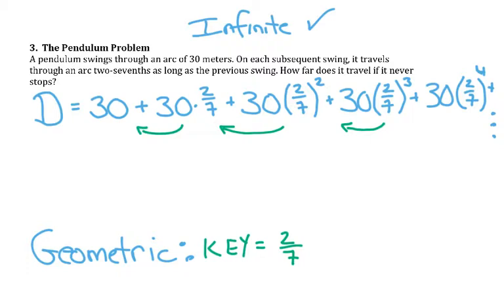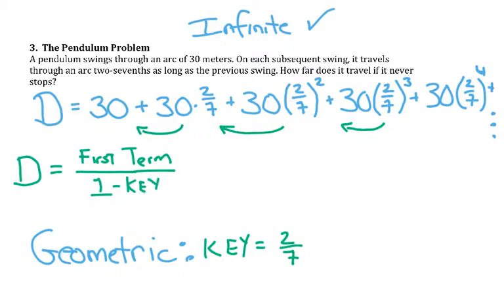So now do you see what we're going to do? We have a formula. This total will be the first term divided by 1 minus the key. So let's see what we get. What is the first term?